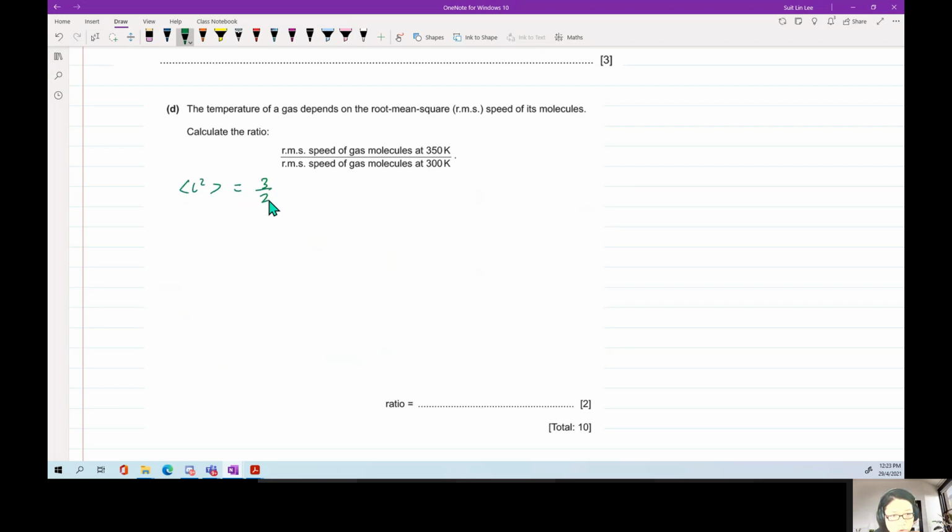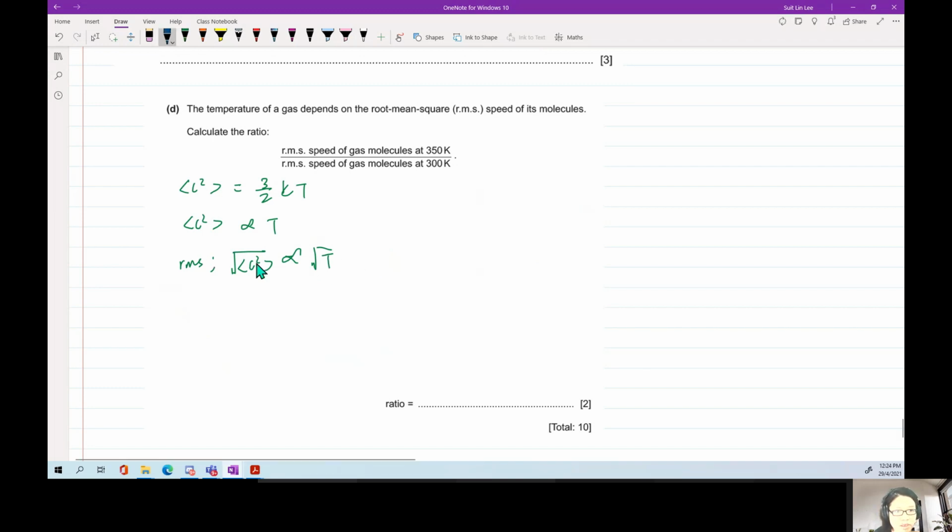This one is 3/2 kT. So C square is proportional to temperature. But RMS, which is root mean square, is proportional to square root of T.